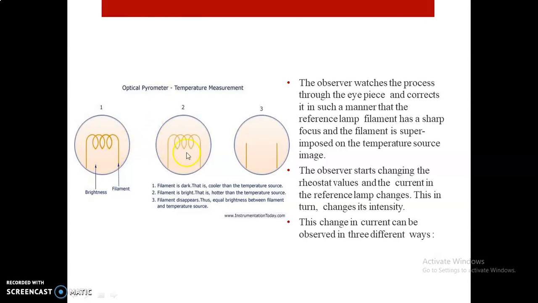You can just look at here, there are three things. The first one is the filament is dark, which is cooler than the temperature source. Then here the filament is bright, that is hotter than the temperature source.